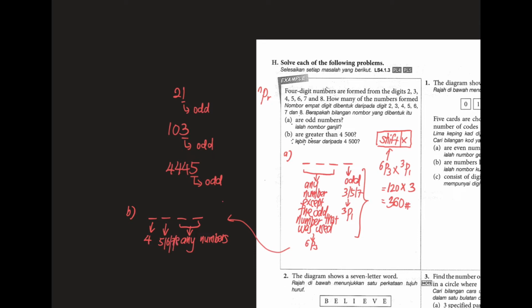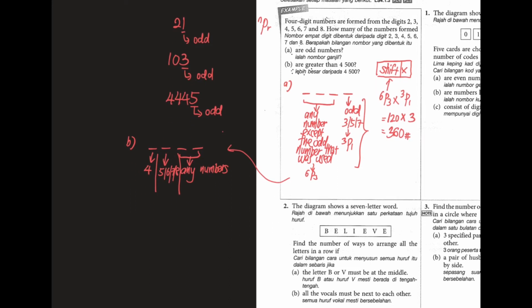As long as I put 5, 6, 7, 8, then it will be 4,000 something that is greater than 4,500. Okay, so I have separated into 3 situations. The first position I must put 4, so I have 1 four only, I arrange 1 over there. The second situation, 5, 6, 7, 8, right? So I have 4 numbers, I arrange 1 over there.